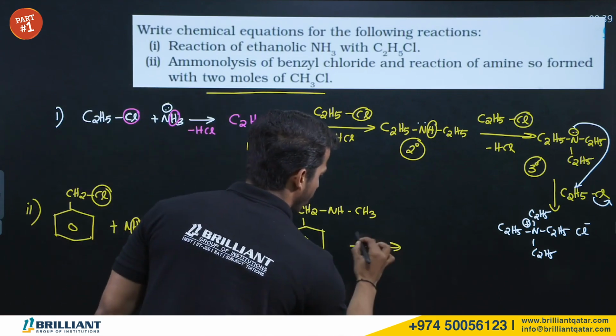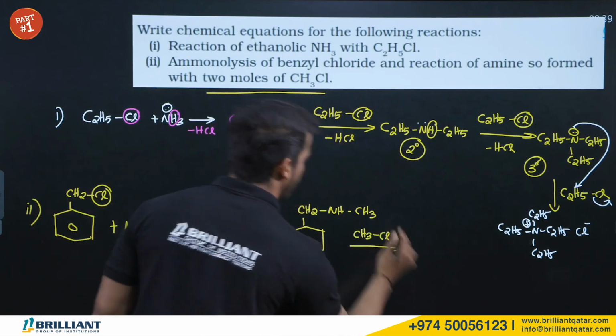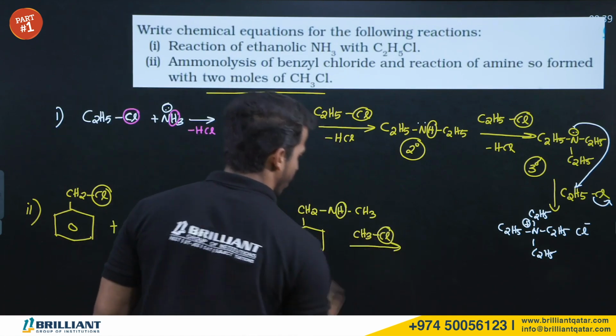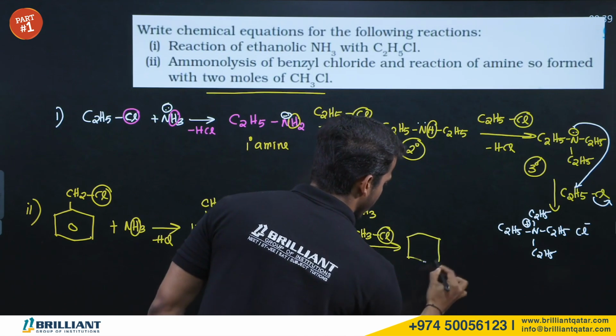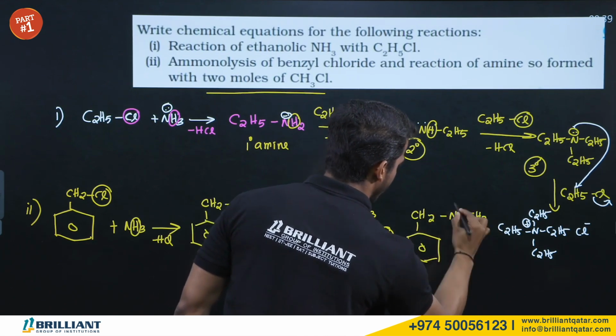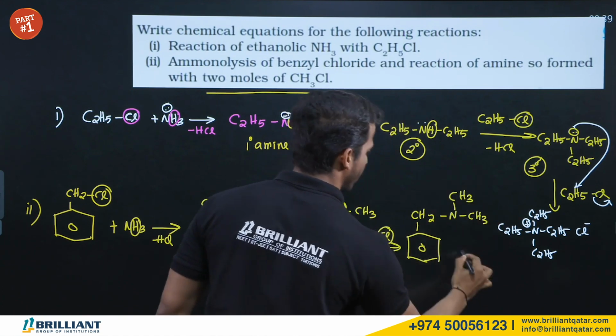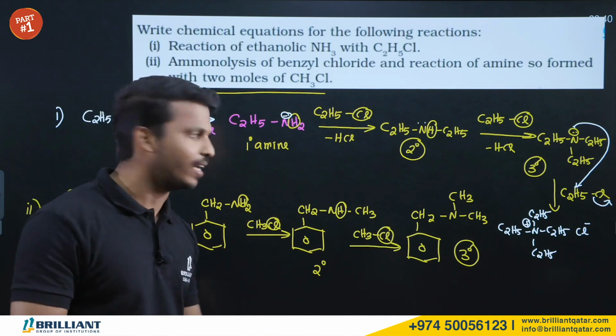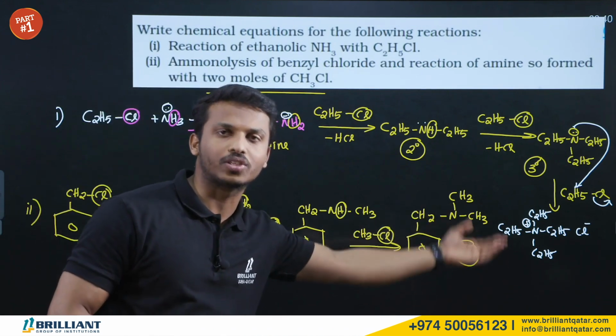And what happens when you treat with one more CH3Cl? Because they said you can use 2 moles of CH3Cl. This hydrogen and chlorine are removed, and you will get benzene with CH2NCH3 and CH3. Now it is a tertiary amine. If one more CH3Cl is there, it can undergo the reaction again and give quaternary.